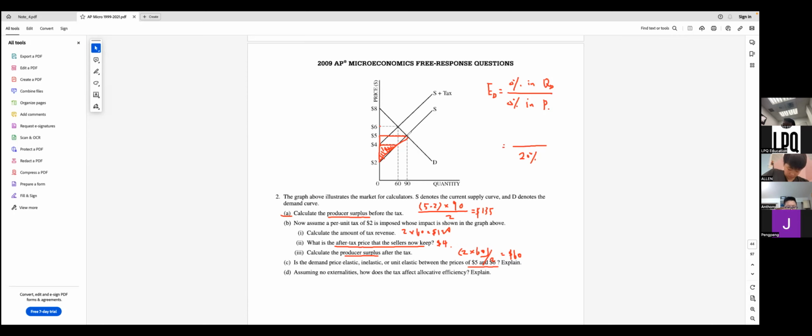When the price equals 5, quantity demanded equals 90. When the price increases to 6, quantity demanded decreases from 90 to 60, by 33%. So ED is greater than 1, and this one should be price elastic.